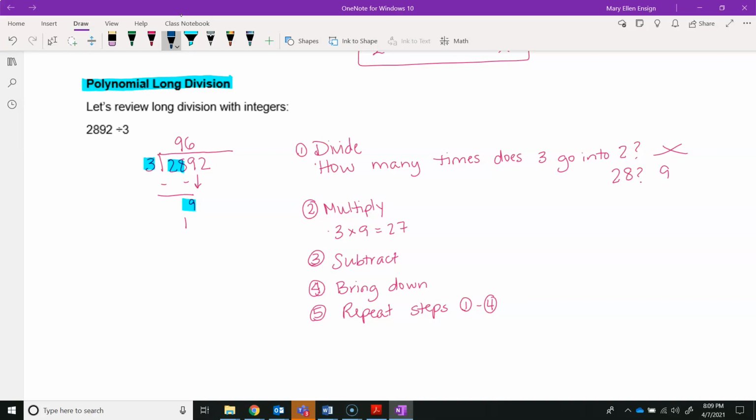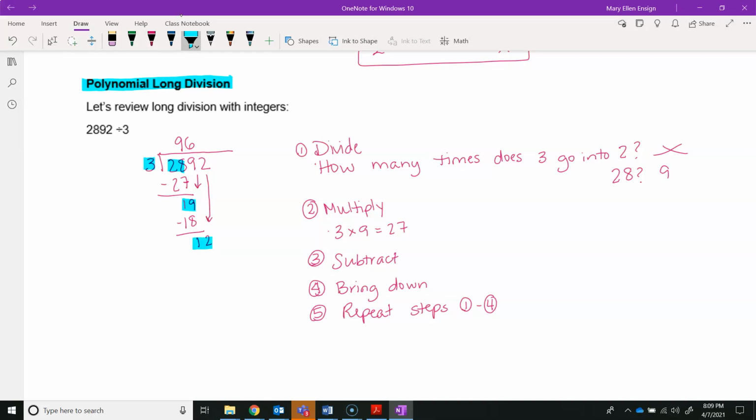Sorry, we see how many times 3 goes into 19. 6 times 3 is 18. I subtract, and then I bring down, and then I do it all over again.